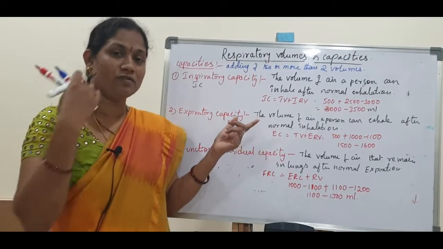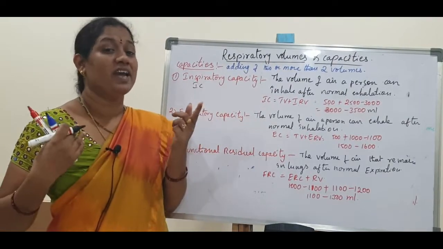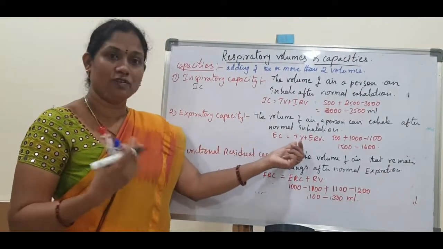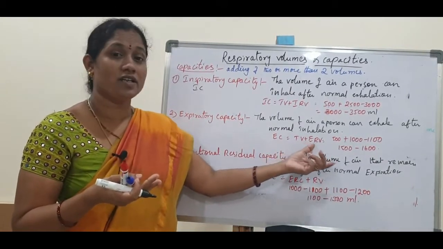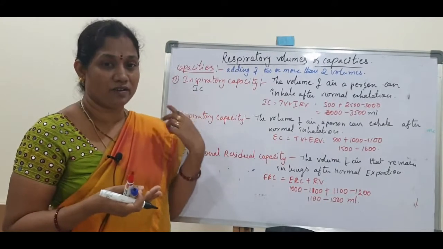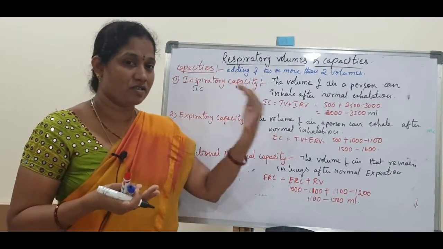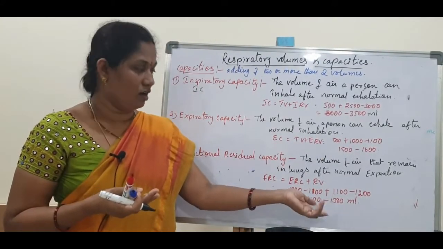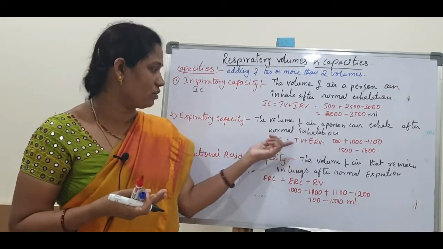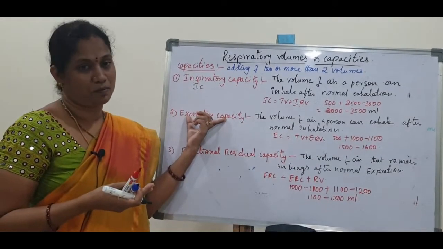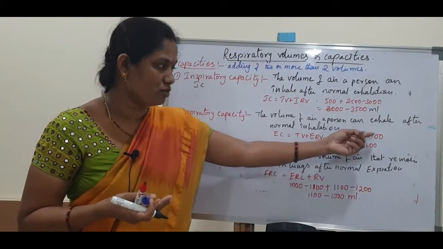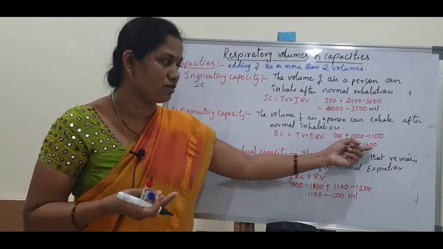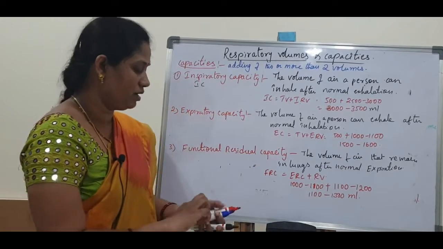So we can release the tidal volume, and the ERV present in our lungs is also exhaled to the outside. Together this is called expiratory capacity. TV is 500, ERV is 1000 to 1100, total 1500 to 1600 ml.